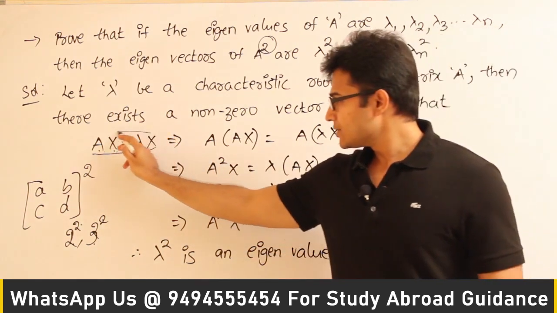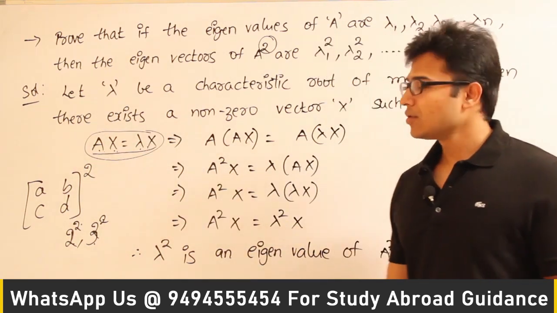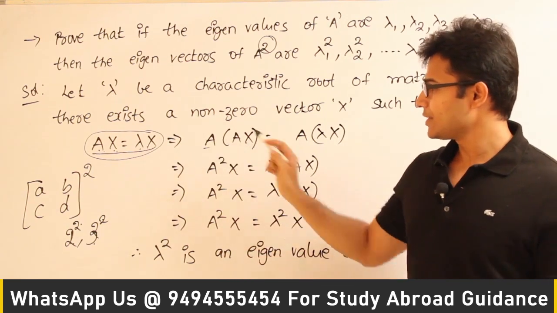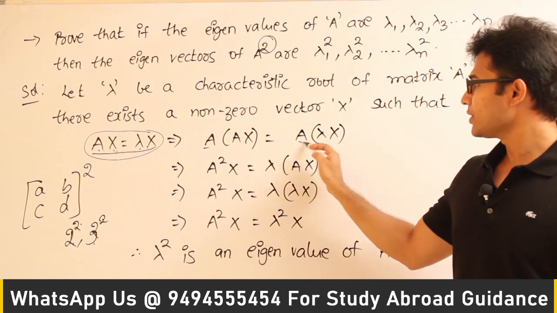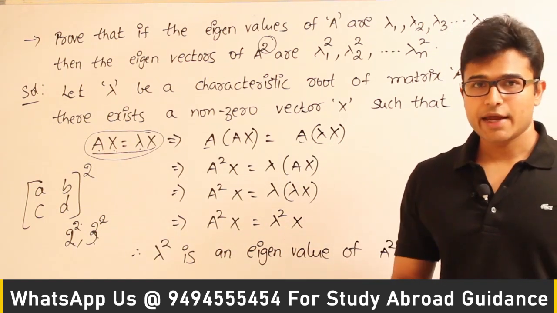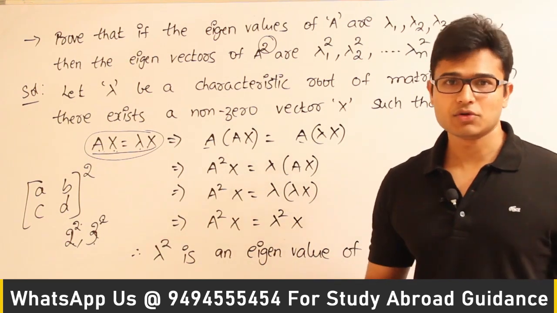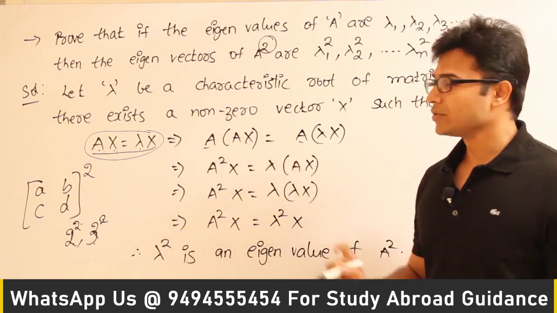Now I'll take this equation and tweak it a bit. I'll multiply with A on both sides, on the left hand side and on the right hand side also. When I multiply both sides with A, the equation does not change, therefore I can do that.